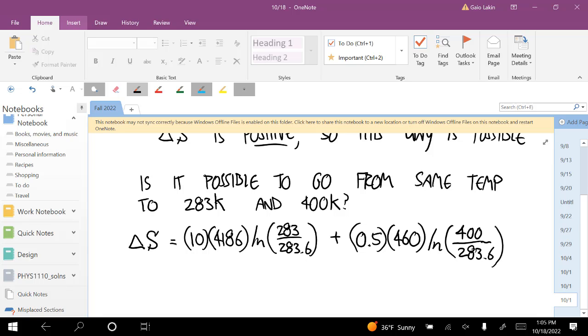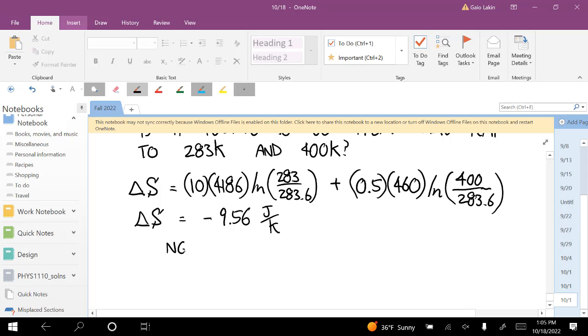And the natural log of the reciprocal just gives you a negative, so the change in entropy in this case is negative 9.56. That's negative, so that's not possible.